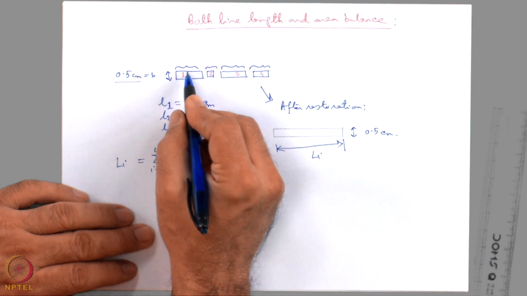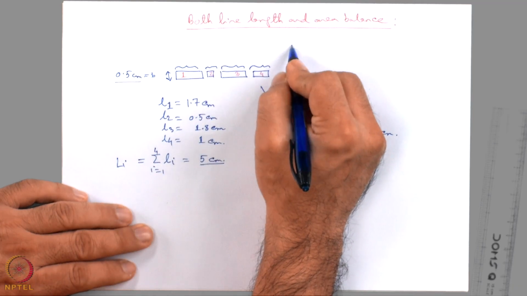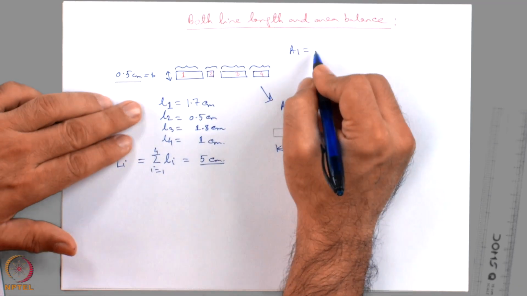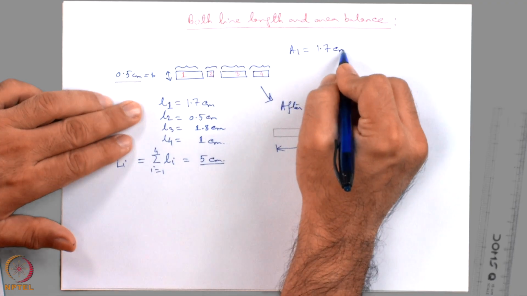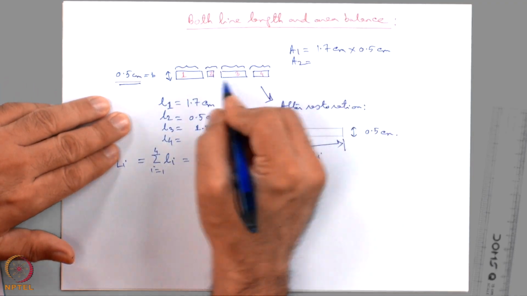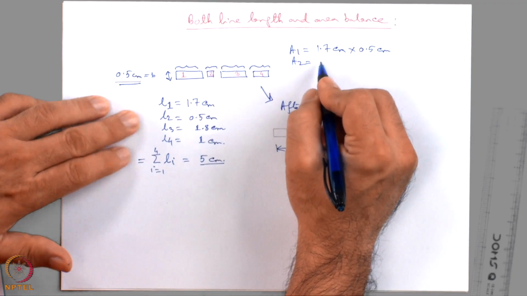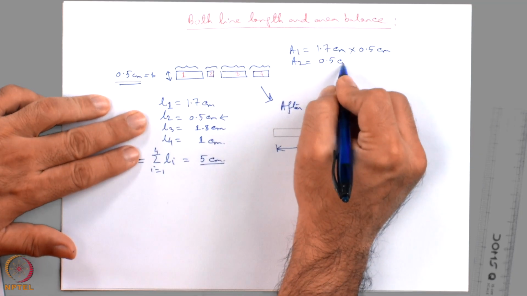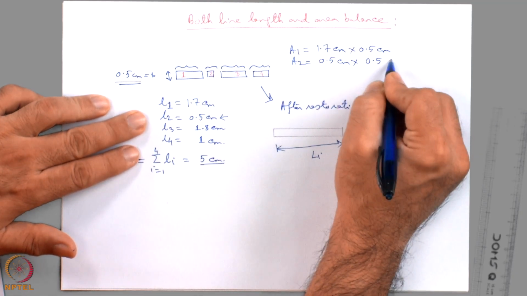Why? Because in these cases the areas are A1 is equal to 1.7 centimeter multiplied by 0.5 centimeter. For block 2 it is 0.5 centimeter multiplied by 0.5 centimeter.